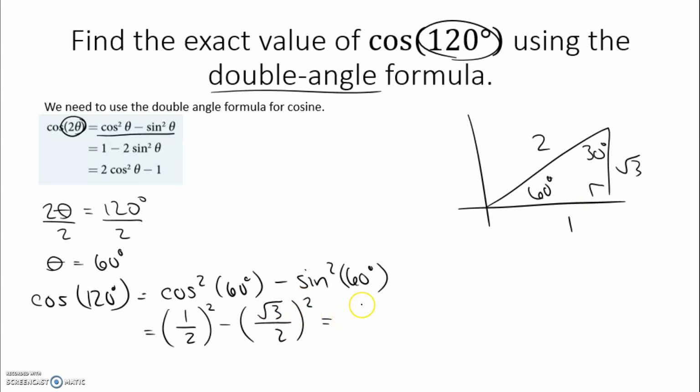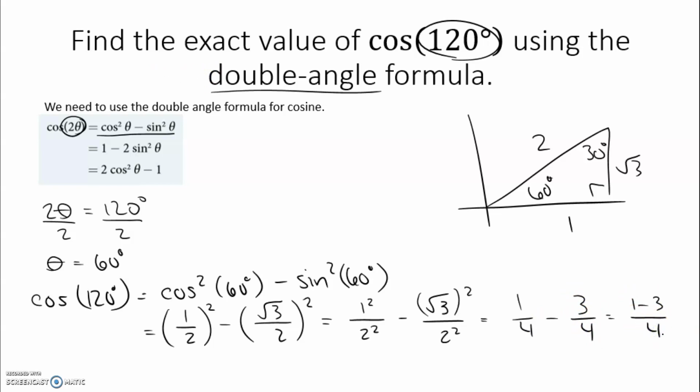Okay, so it's like we are squaring the 1 and the 2 and the square root of 3 and the 2. So this is 1 over 4 minus 3 over 4, which is 1 minus 3 all over 4. Okay, and then that's the same thing as negative 2 over 4. Take a 2 out of both of them, or negative 1/2 will be your final answer.